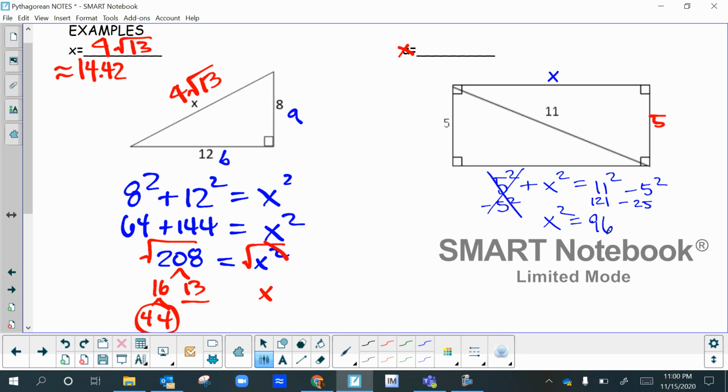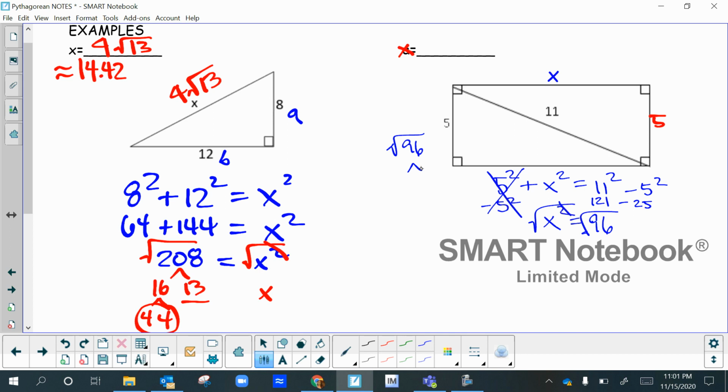121 minus 25 is 96, and now I'm going to square root both sides. Remember we had said I want to leave it in simplified radical form, so I want to do the factor tree to 96. And 96 is divisible by 16, I believe. So let's see, 96 divided by 16.